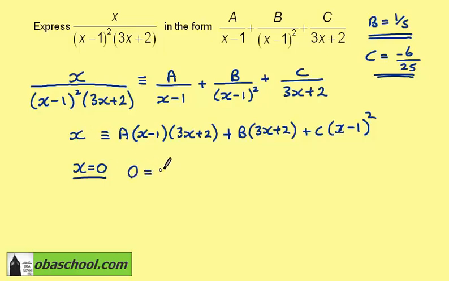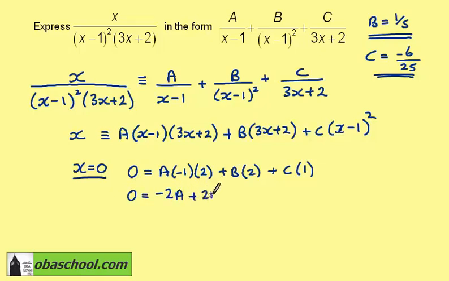0 is equal to a into (0 minus 1), which is minus 1, and (3 times 0 plus 2), which is 2. We also get b times 2, and c times (minus 1) squared, which is just c. So 0 is equal to minus 2a plus 2b plus c.